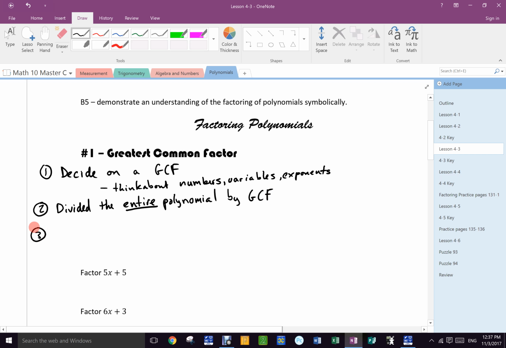And step 3, how did we write our answer? The GCF, bracket, quotient 1 plus or minus quotient 2, and we just carried on until we were done.